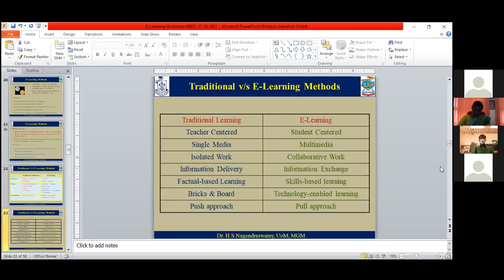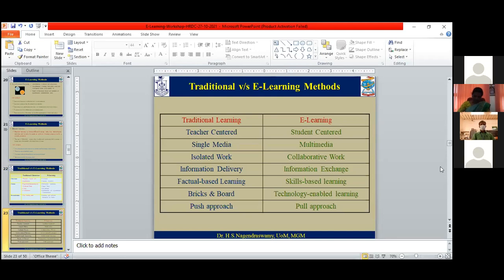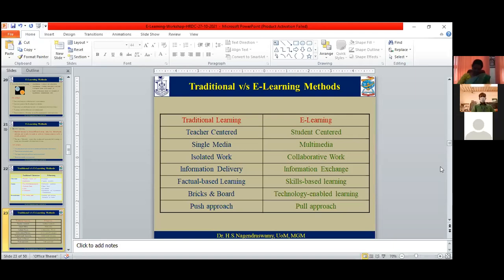In continuation to this, if we want to put it in a very precise way, here is the traditional learning versus e-learning comparison. Traditional learning is teacher-centered, whereas e-learning is student-centered. Traditional learning is single media, but e-learning is multimedia.